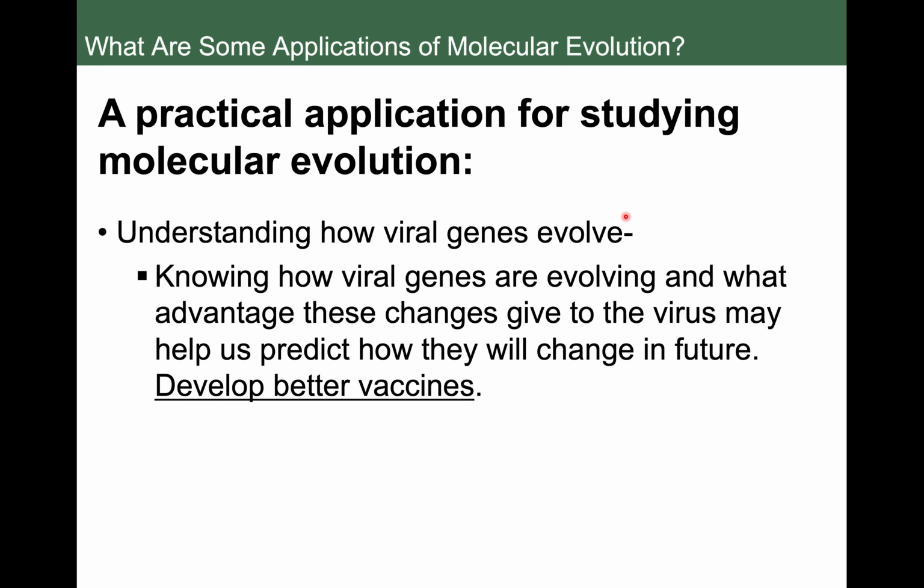And whereas DNA polymerase can proofread itself and is very high fidelity, RNA polymerase has no proofreading capabilities and actually makes a lot of mistakes. So we see viral genomes, especially RNA viruses, will accumulate mutations very quickly. And that causes them to evolve very quickly.